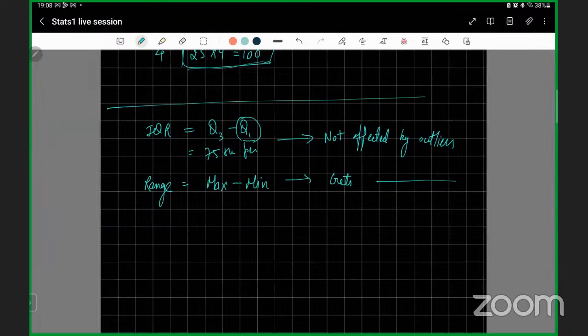Okay. So IQR does not get affected by outliers, and range gets affected by outliers. So whenever we have to look at the spread, IQR along with range will give a better picture of what is happening.